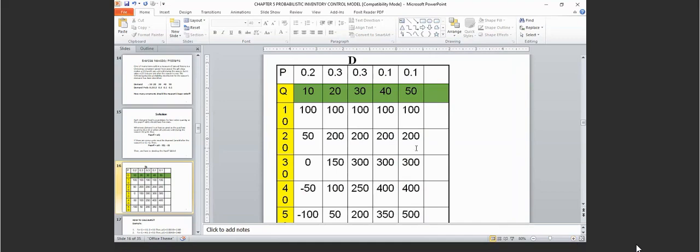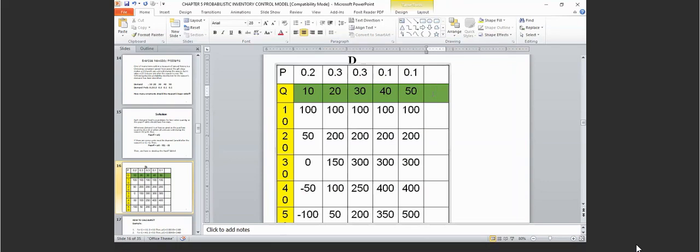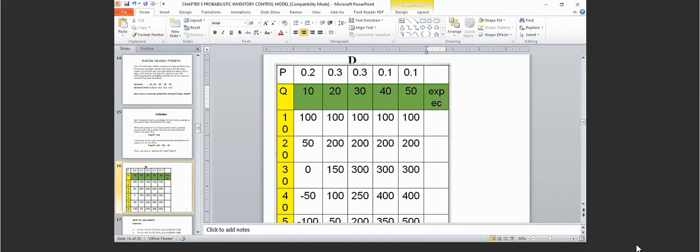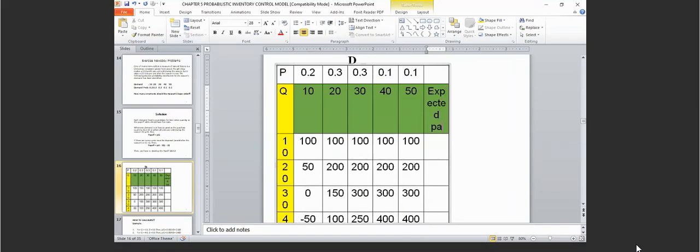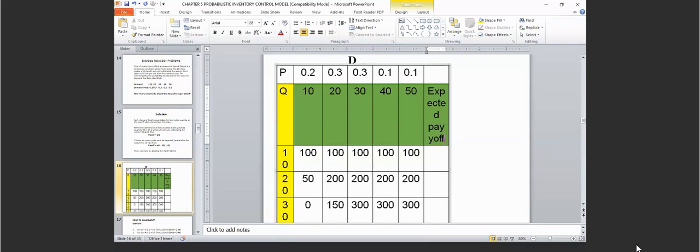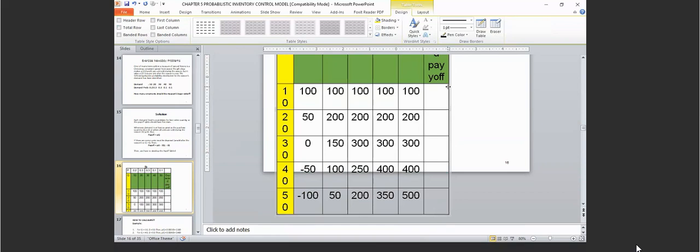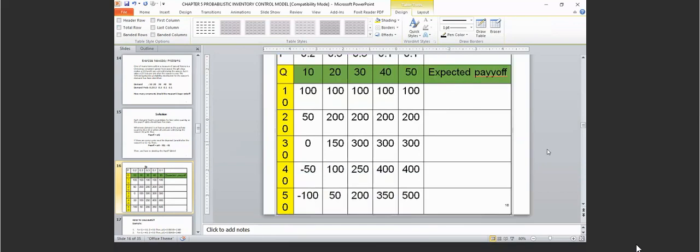Step yang seterusnya, kita akan kira expected payoff kita kan? Okey, kita kira expected payoff kita.